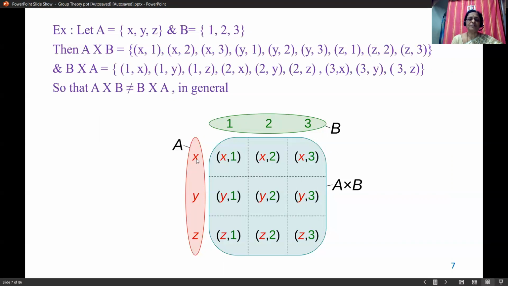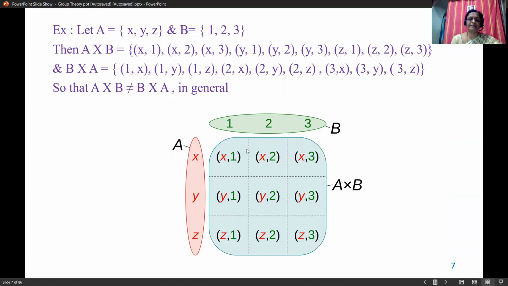Now what we do is we consider the elements in the form of ordered pairs. So x with 1, that is ordered pair (x, 1), (x, 2) and (x, 3). Similarly, (y, 1), (y, 2), (y, 3). And then (z, 1), (z, 2) and (z, 3).